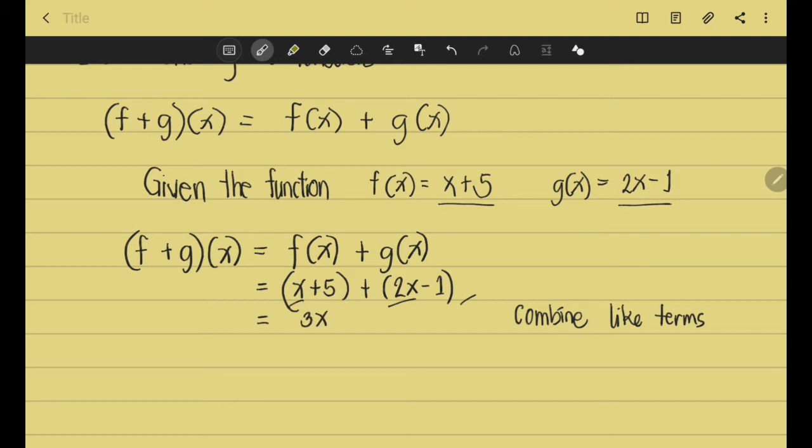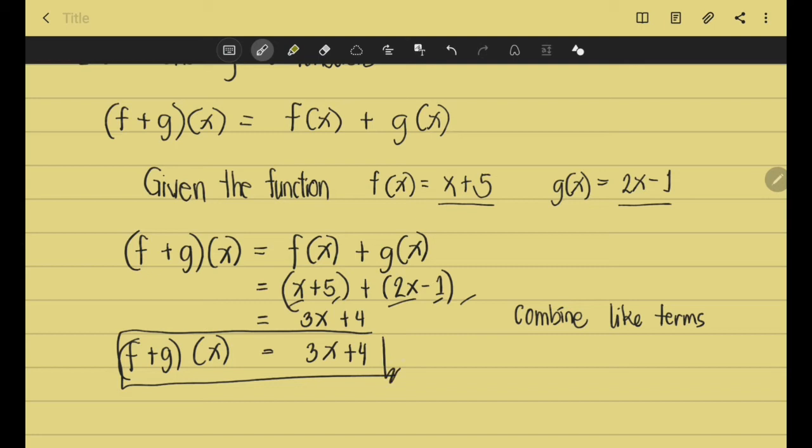The next like terms is 5 and negative 1. So 5 plus negative 1 is positive 4. So therefore, f plus g of x is equal to 3x plus 4. And 3x plus 4 is the sum of x plus 5 and 2x minus 1.